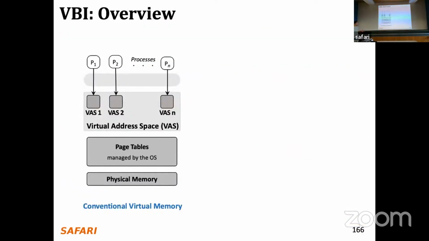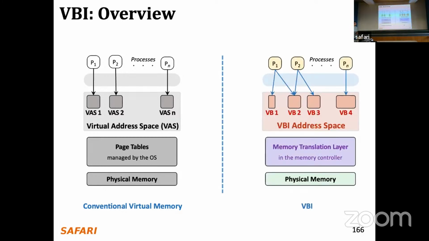In VBI, what is proposed, instead of having a rigid organization of virtual address space for different purposes, is a much more flexible approach, thanks to the fact that the memory translation is offloaded onto the memory controller.